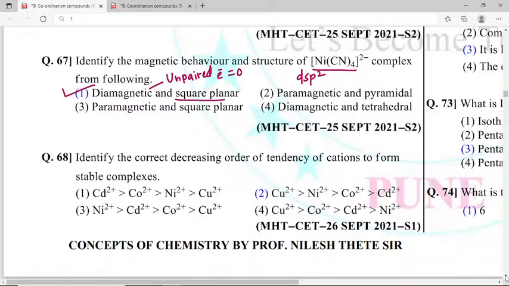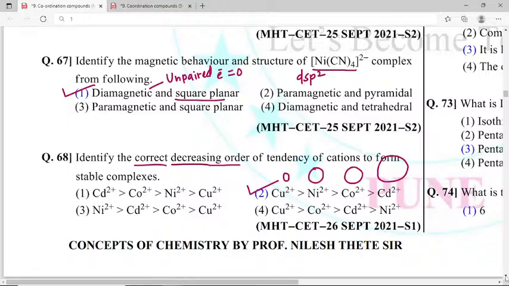Okay, next question. Identify the decreasing order of tendency of a cation to form a stable complex. So which cation forms the stable complex? Copper has a very small size, then a bigger size, and then a still bigger size.